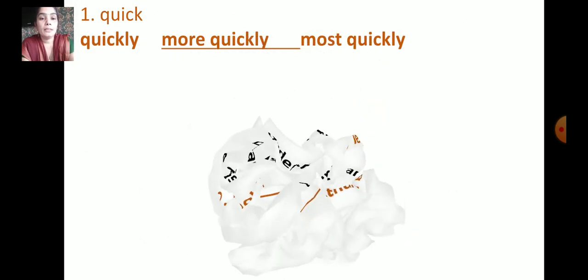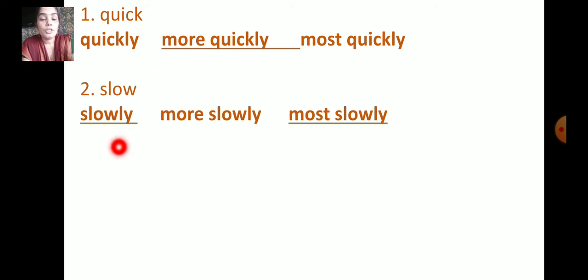And the next one is again the degrees of comparison. You have to write the missing words. So quickly, dash, most quickly. Here you will write quickly, more quickly and the most quickly. So slow, slowly, more slowly, most slowly.